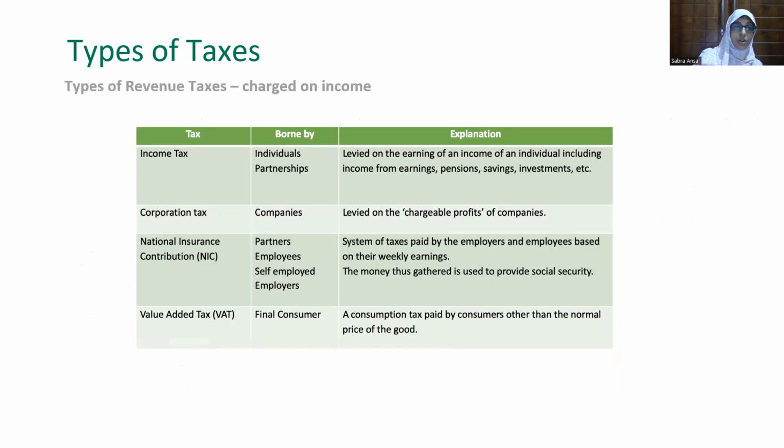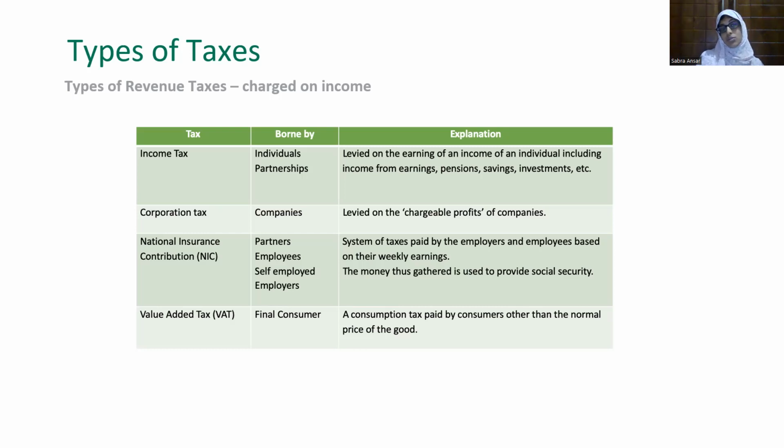Moving on, we spoke about tax revenue, which is tax on income. There were four types. One is income tax, which we spoke about today, for individuals and partnerships. Corporate taxation is for the chargeable profits of companies.